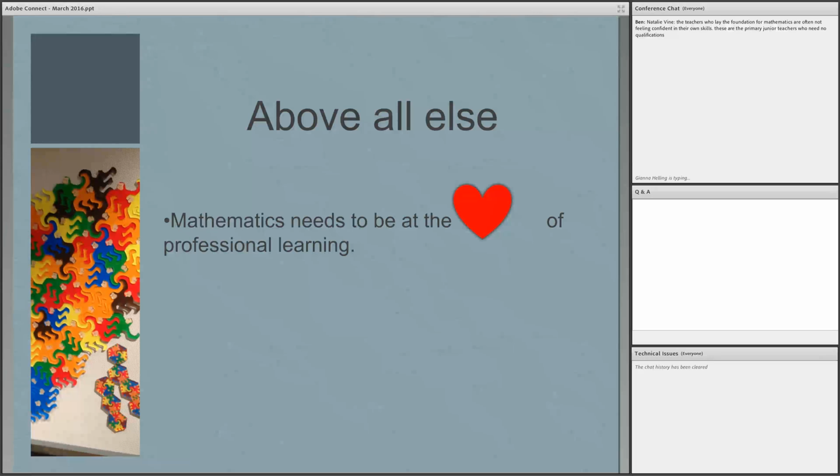So for me, above all else, math has to be at the heart of professional learning. To me, we need to be engaged in doing mathematics when we come together in a professional learning setting. I think that's one of the ways that we can help to deal with enhancing this math knowledge for teaching that helps teachers to then facilitate mathematics learning for their students.